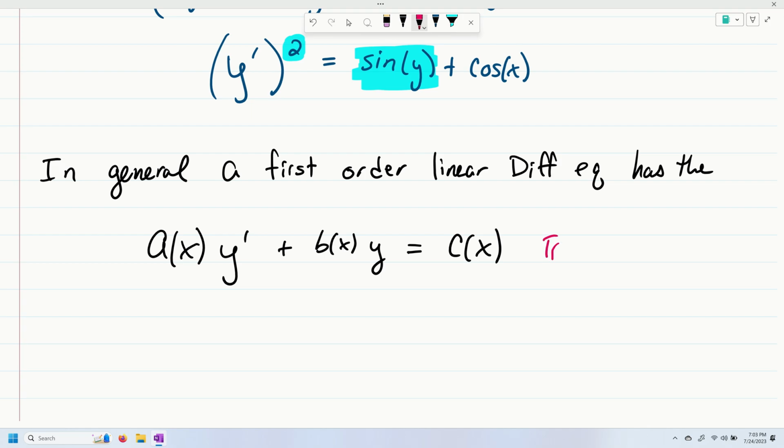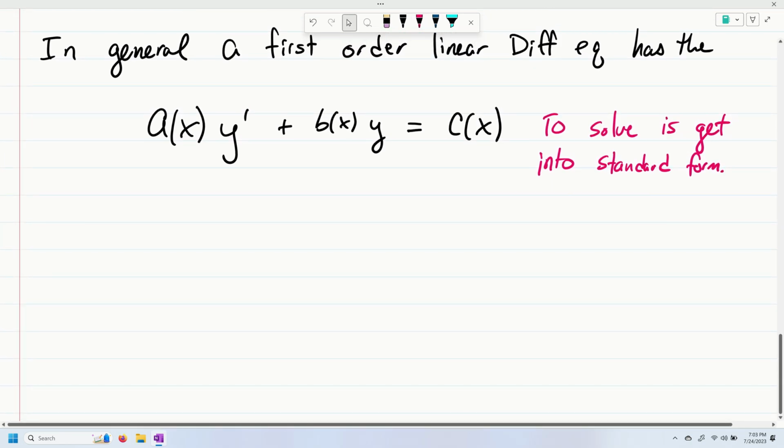The first thing that we want to do is get this into what we call standard form. Here's how we do this. It's very simple.